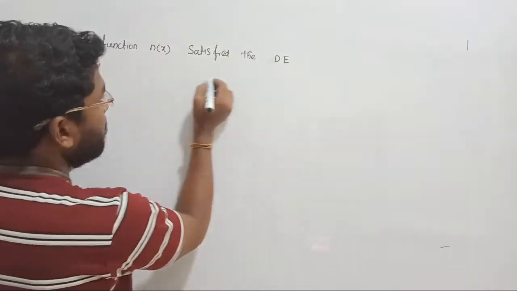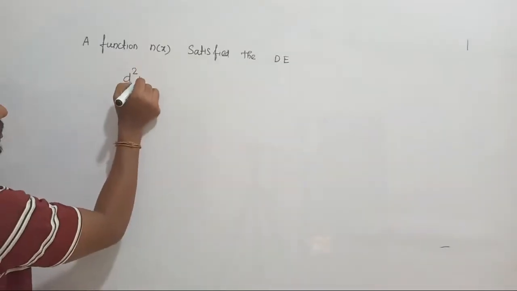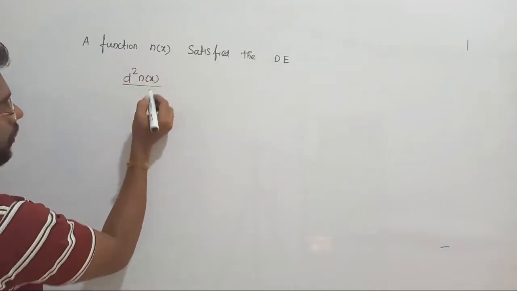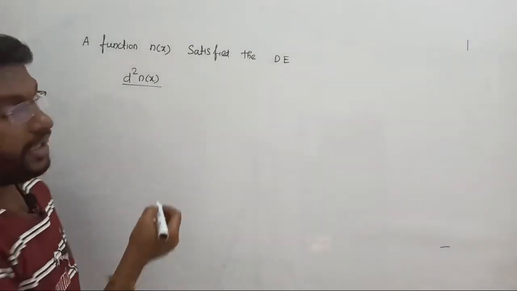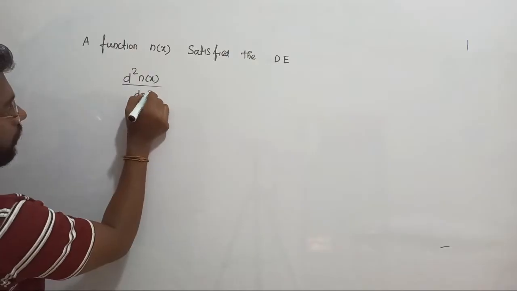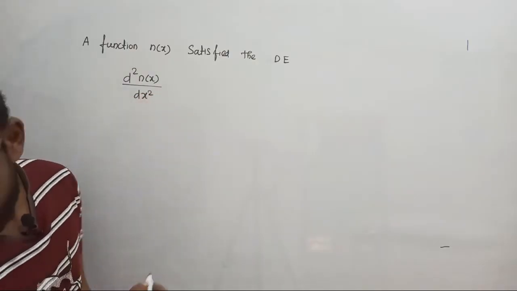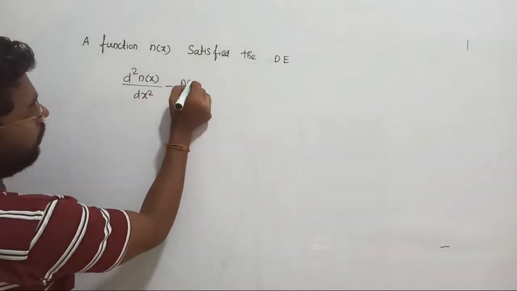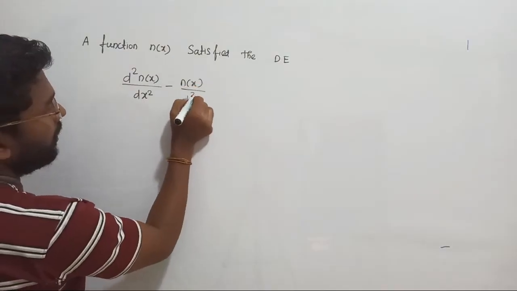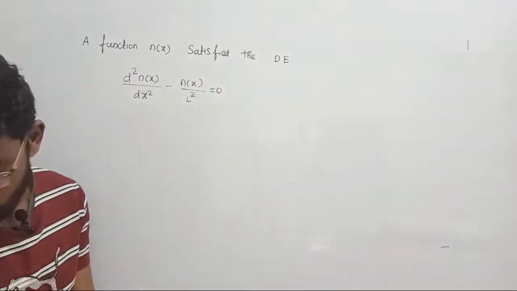The differential equation is given as d square n of x upon dx square minus n of x upon L square equal to 0, right?